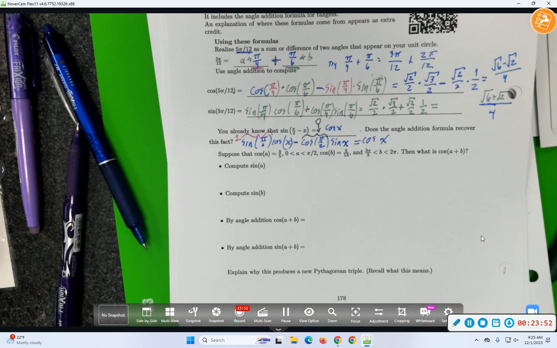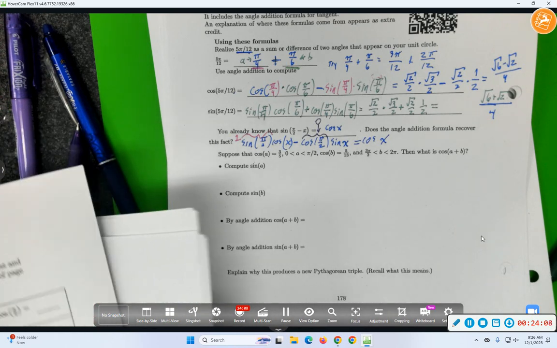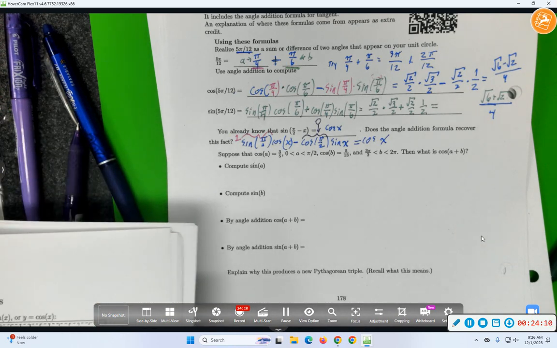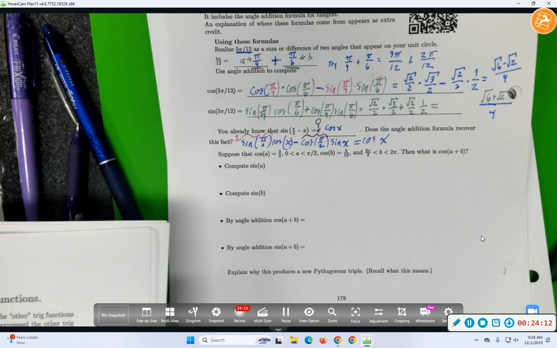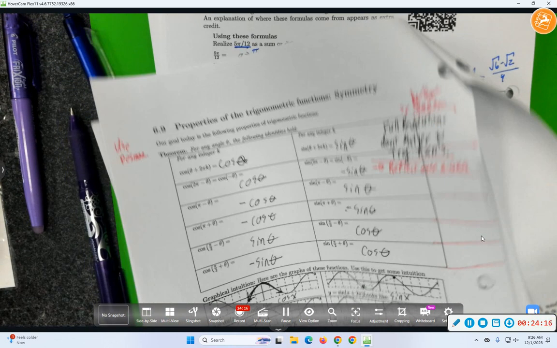So here's one payoff. Do you remember when we got all of these symmetry identities for trig functions? They all looked something like this.